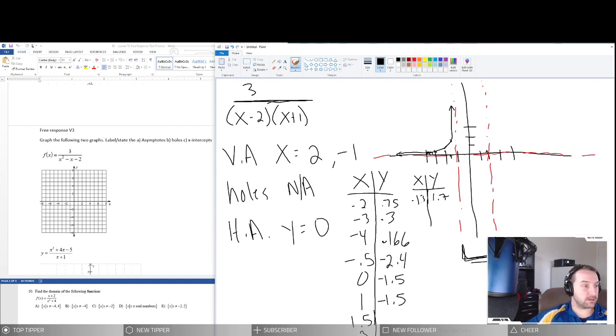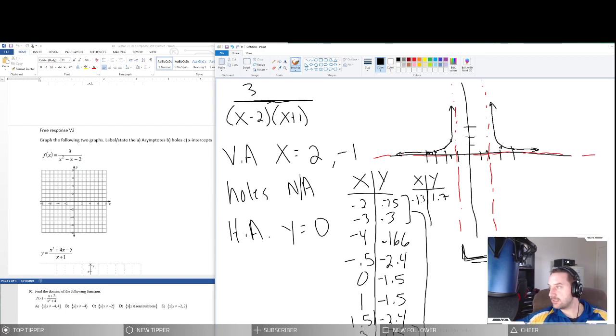And if I plugged in 1.5, that gives me negative 2.4. If I plugged in 3 and 4, that's 0.75 and then 0.3. You see how these are similar to these? That means it's probably going to be very identical, so I don't have to plug in more points.